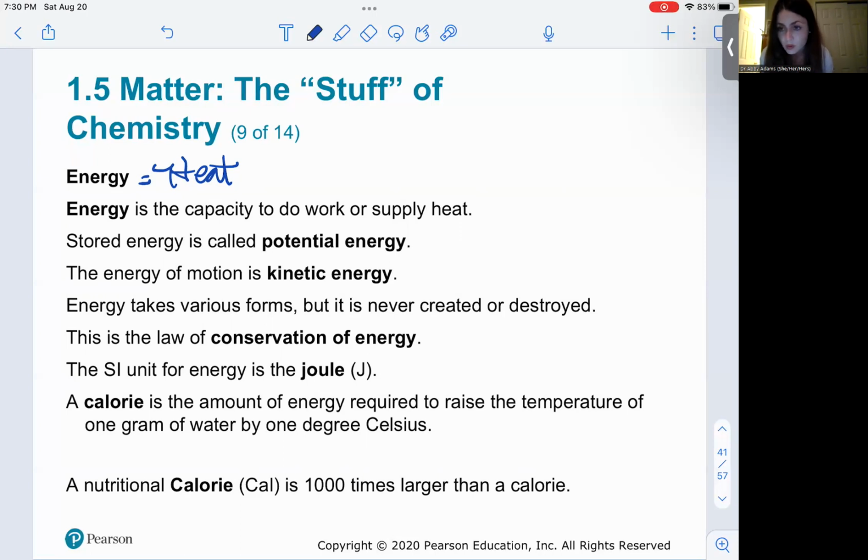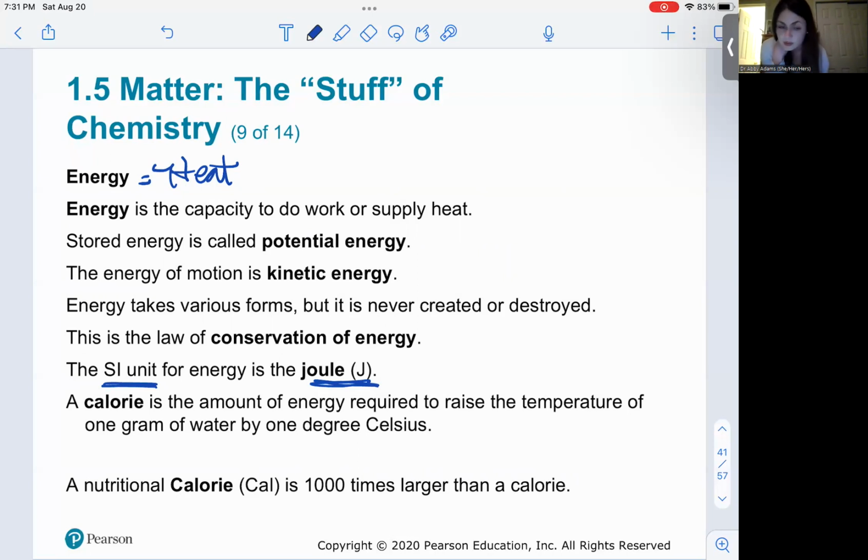All right, that's powerful. And so the SI unit we were talking about for temperature is what? Kelvin. And the SI unit for energy is the joule. A joule, okay? So make sure you memorize all of these units and what they mean, and you understand their quantity and qualities.